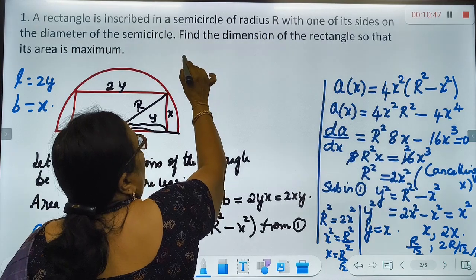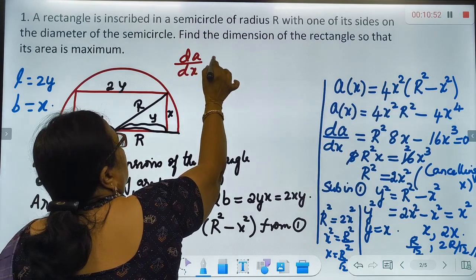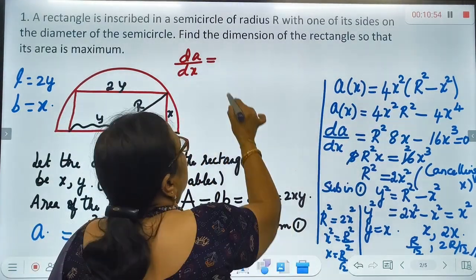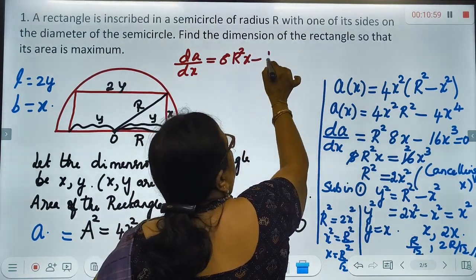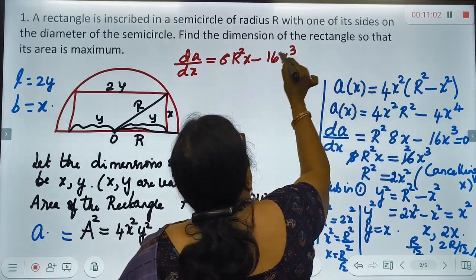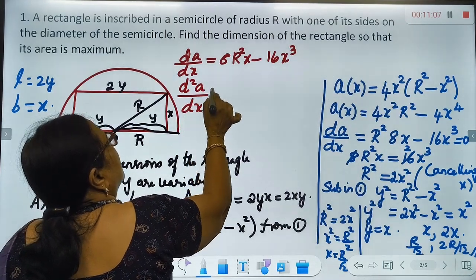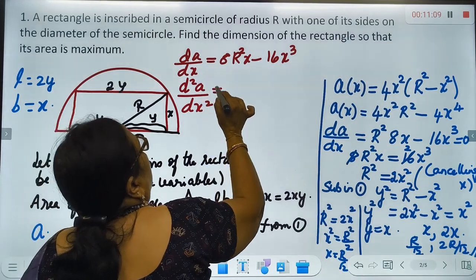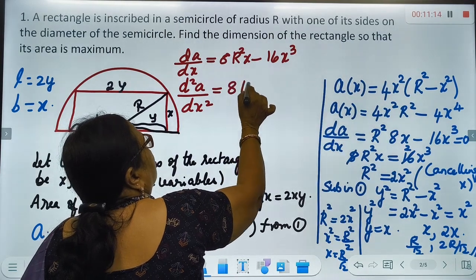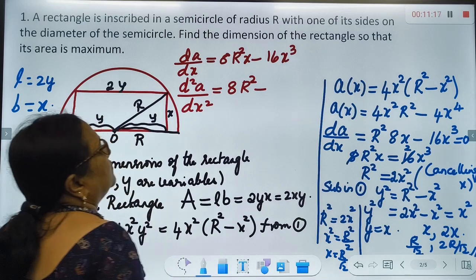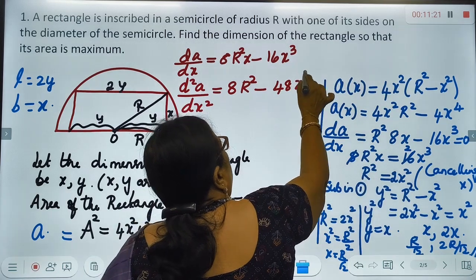So now, what is the first derivative? dA by dx is the first derivative. What is the first derivative? 8 r square x minus 16x cube. So d square a by dx square will be, okay, so 8 when I differentiate this, what will I get? 8r square minus 3 into 16 is 48 x square.